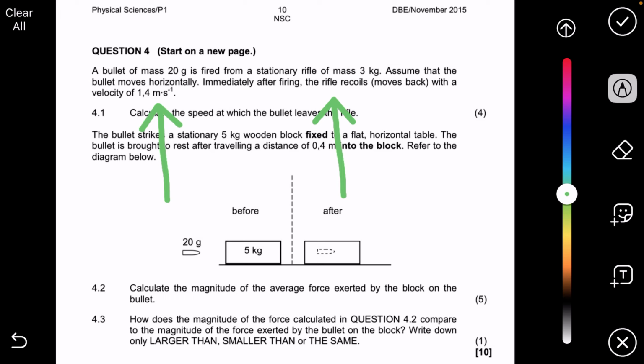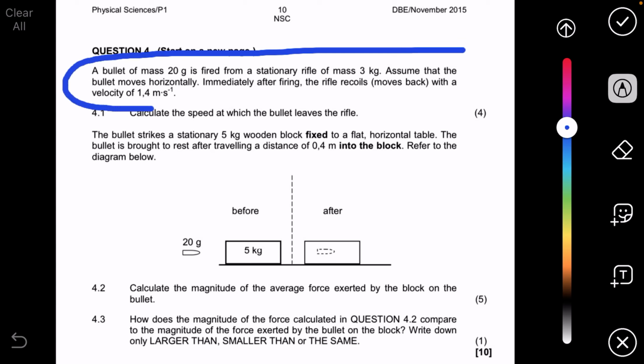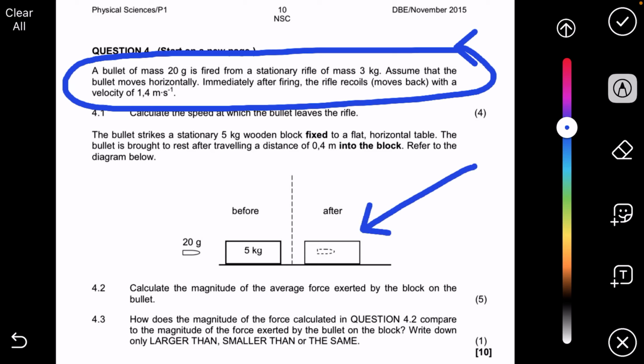Okay, so what matters the most in this case, ladies and gentlemen, I just want you to notice something very, very much important, guys. Can you see all of that given information? It seems like we do not have a diagram for that statement. So do not confuse that given diagram with that given statement.